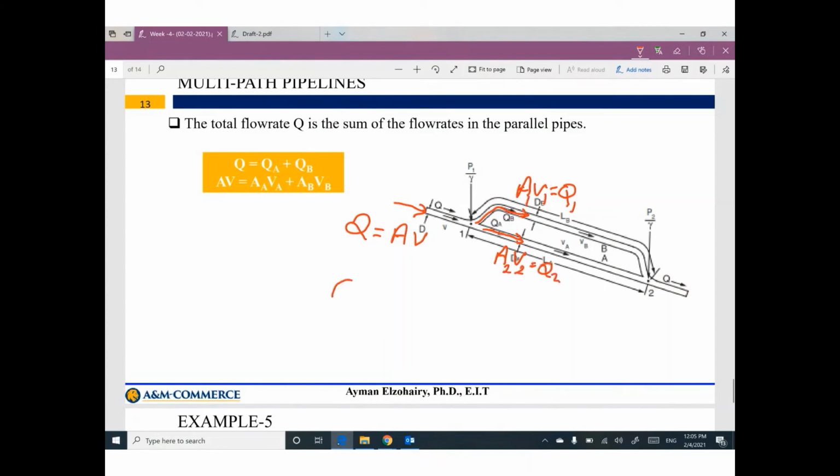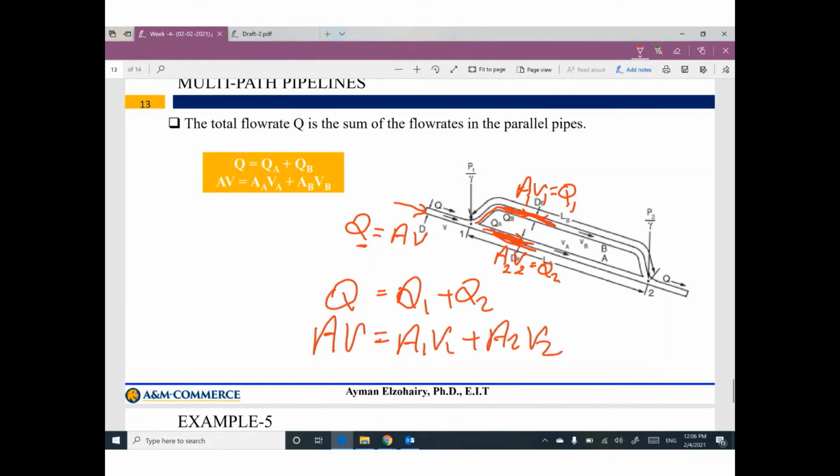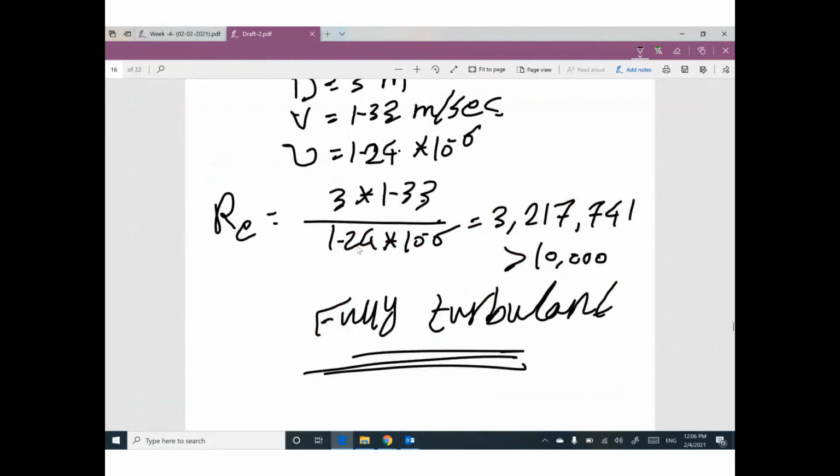Keep in mind, Q at the main entrance equals Q1 plus Q2, because here we have two branches only. So area V at the main entrance equals area 1 V1 plus area 2 V2. So the total flow rate is the sum of the flow rates in the parallel pipes, like I did here.